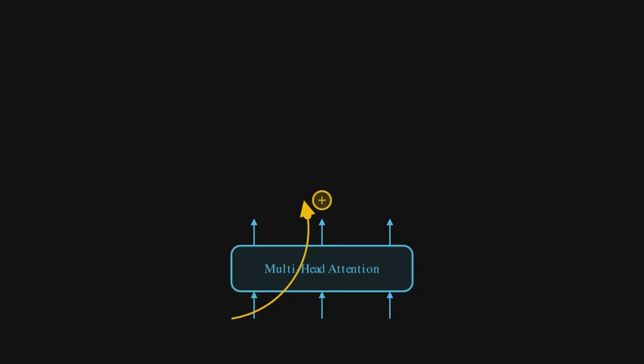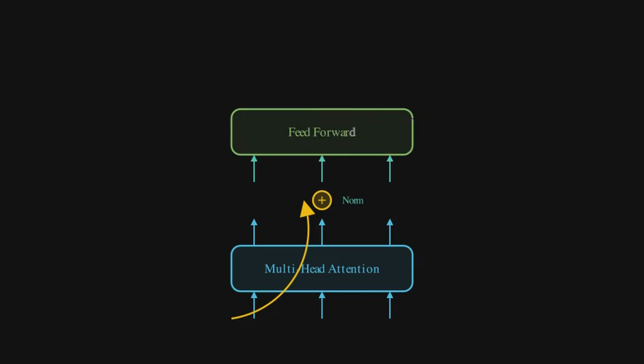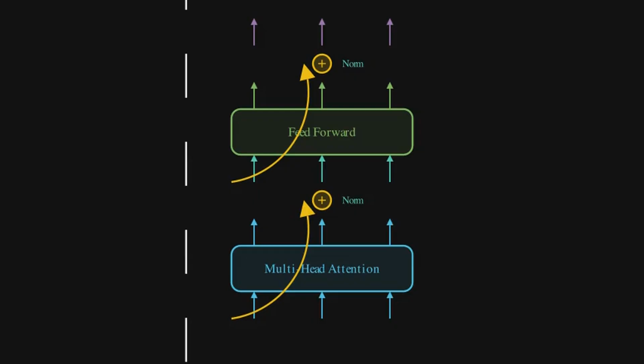It acts like a mathematical safety net, ensuring the original identity of the word isn't lost in the mix, while a normalization step keeps the numbers mathematically stable. Next, each vector passes through a standard feed-forward neural network. If self-attention is the space where words talk to each other to gather context, the feed-forward layer is where each word processes that new information individually. After one more add and norm, we have a complete transformer block.